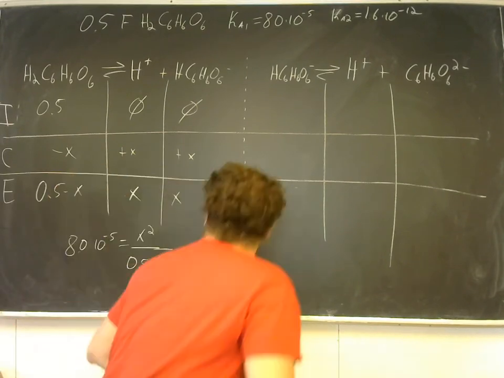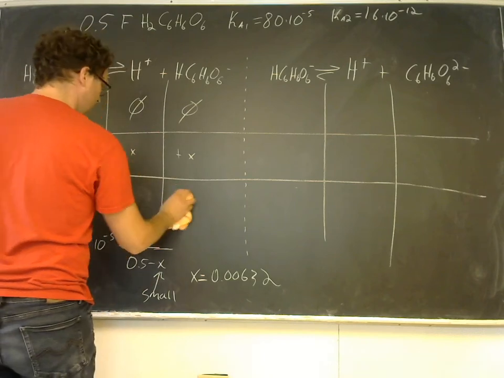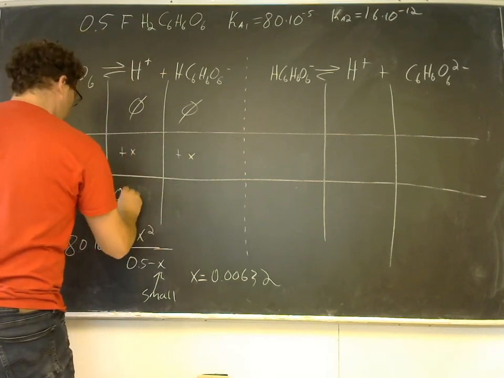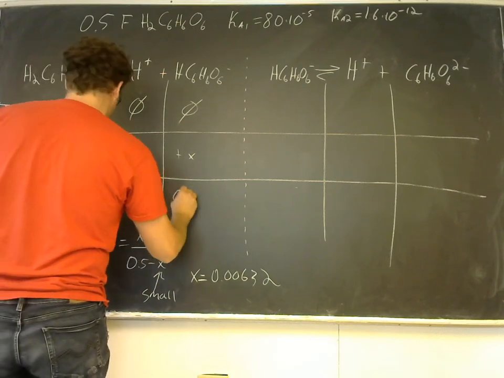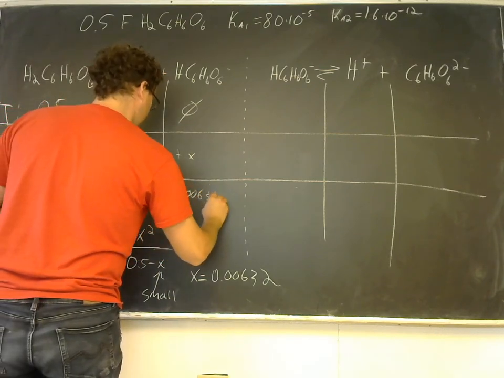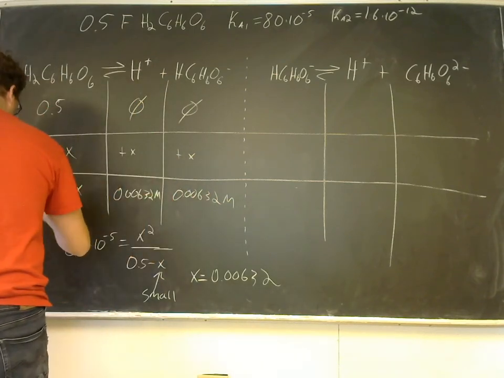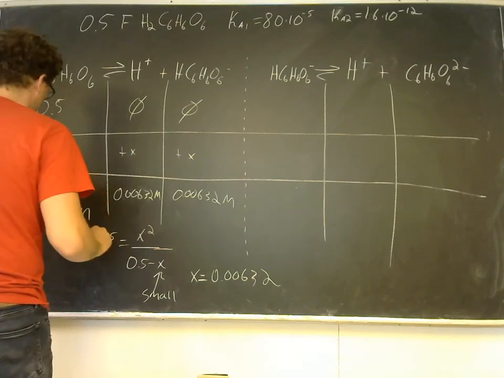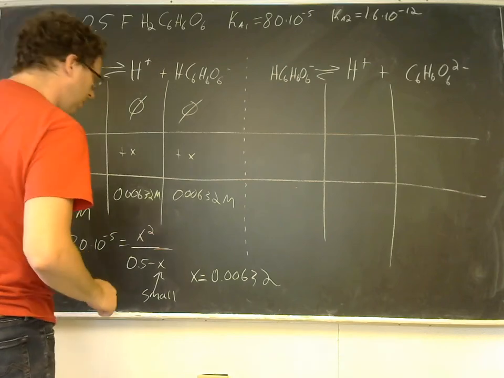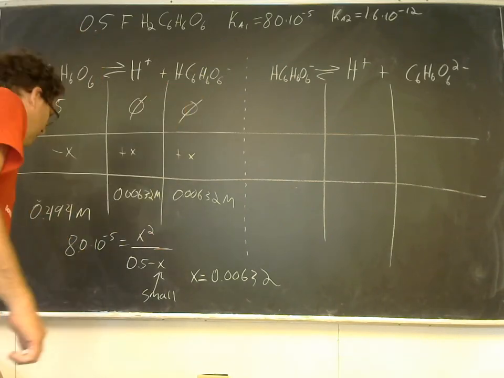Okay, so now we can put some values in here for x. 0.00632 molar, 0.00632 molar, and this is going to be now 0.494 molar. And now we can move on to our second equilibrium.